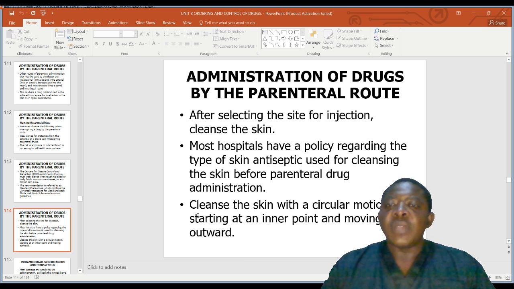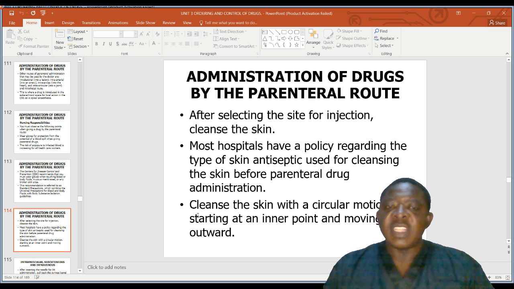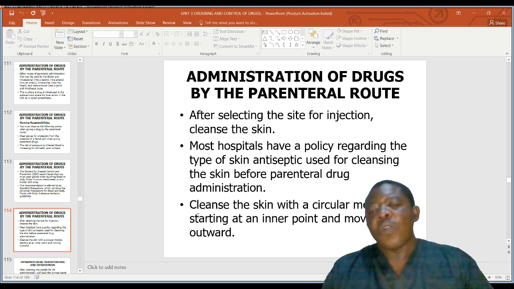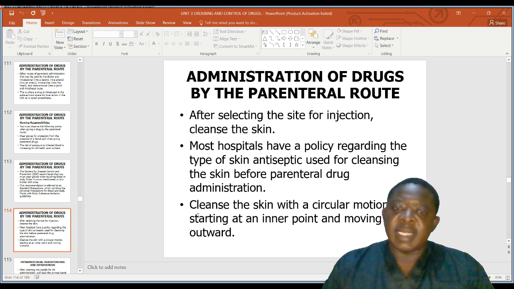Most hospitals have a policy regarding the type of skin antiseptic used for cleansing the skin before parenteral drug administration, and most of them are alcohol-based, like spirit and the likes. So cleanse the skin with a circular motion starting at the inner point and moving outwards.